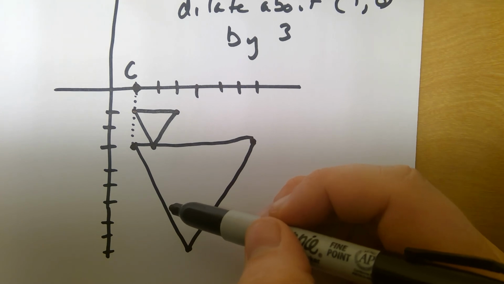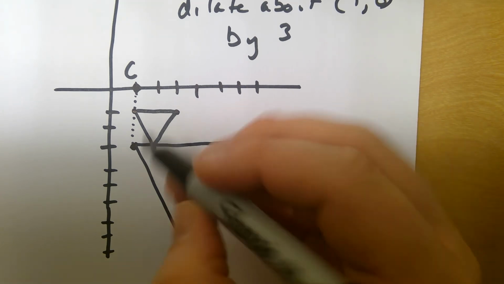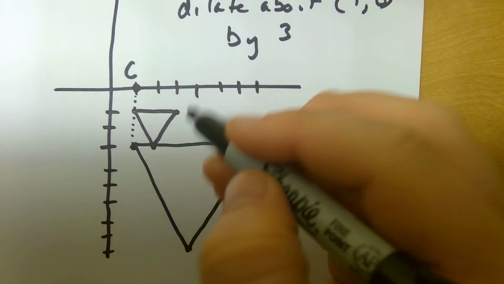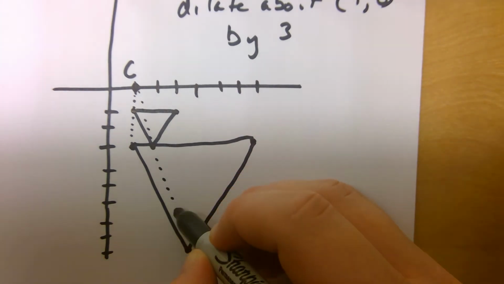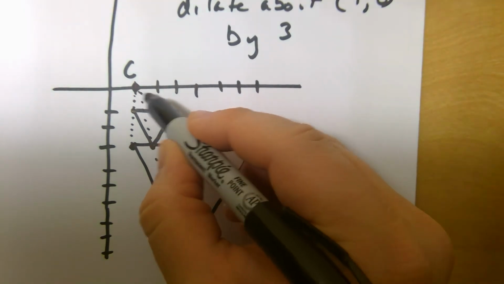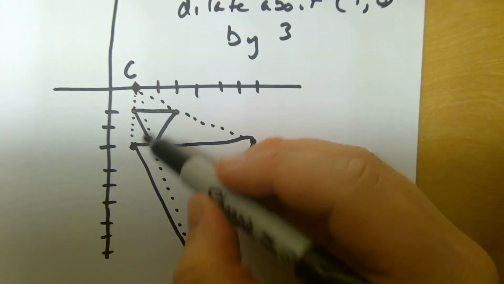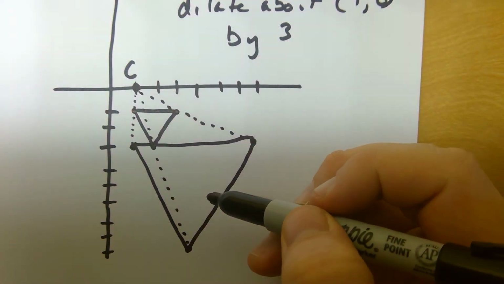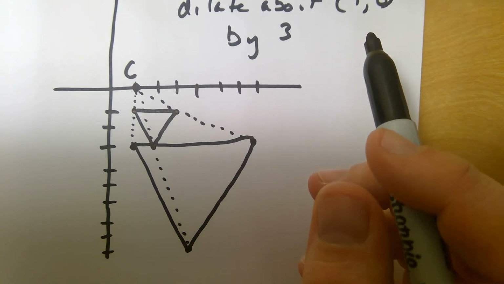The angles are the same. Okay? Now, as we said before, this dashed line here, through center dilation, it's going to go through these points too. Okay? That's a good way to find your center of dilation because it's going to connect on those dotted lines. Okay? So you've got some questions to solve on your own.